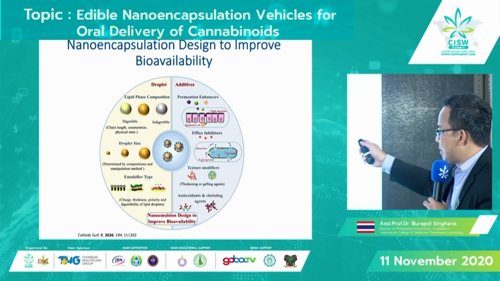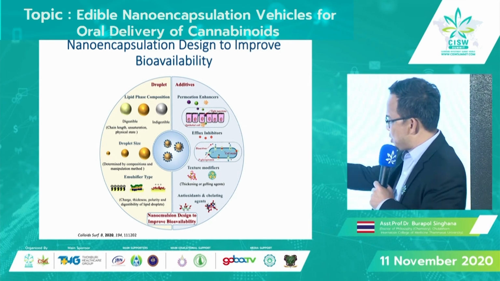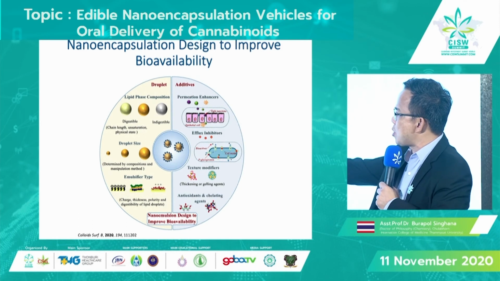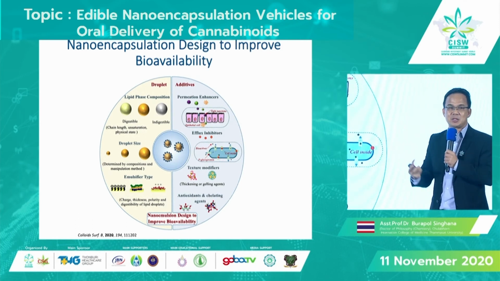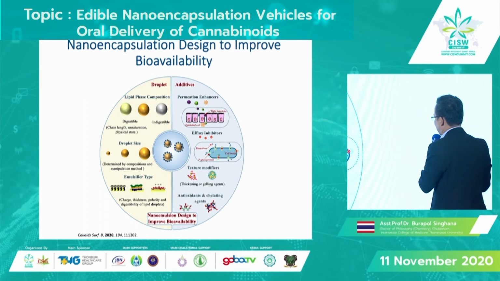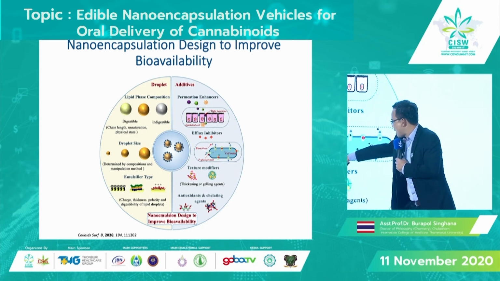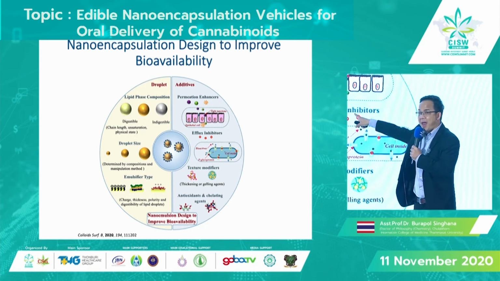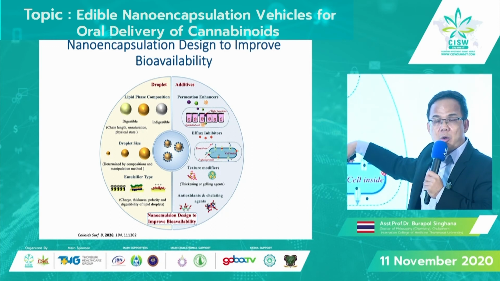Another thing, you can add additives to your system. For example, a pH enhancer to enhance penetration, or you can add efflux inhibitors to stop P-glycoprotein, to stop the efflux effect, so the drug goes into the cell more.